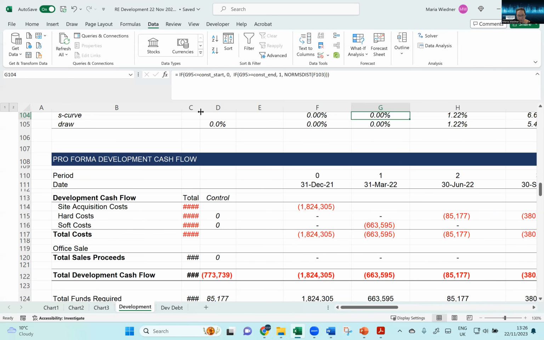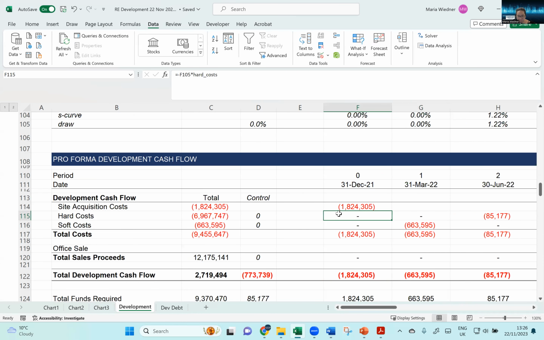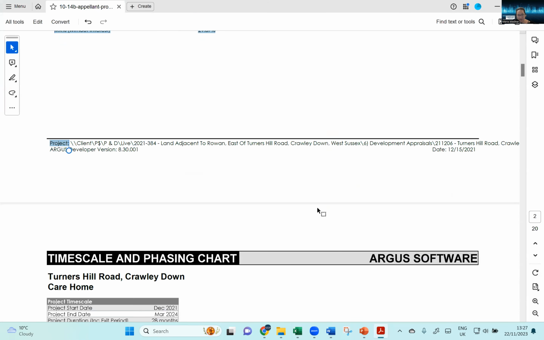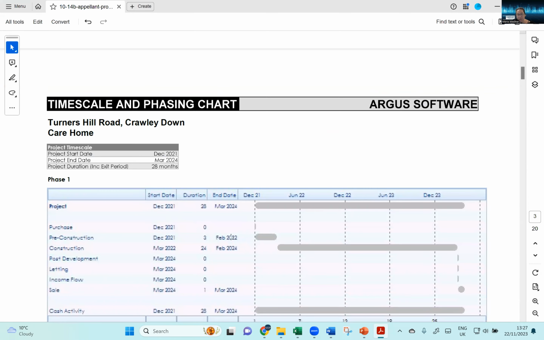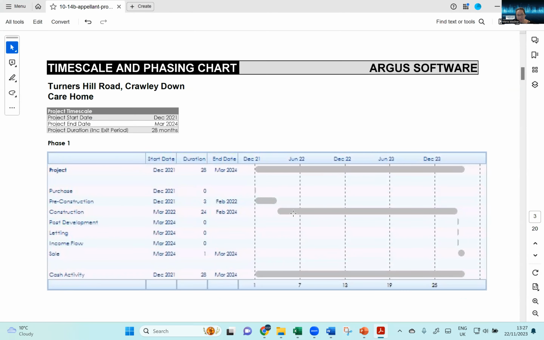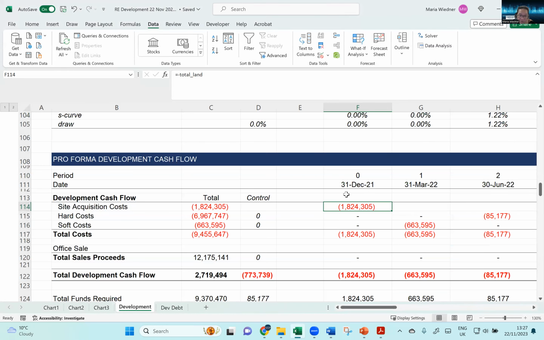And then we calculate a normal distribution from scratch. And then here is your cash flows. So here you can see what is going to be the cash flow of this development, because here what they show at the end is just the timelines, but it doesn't show the quantum of any of these cash flows.